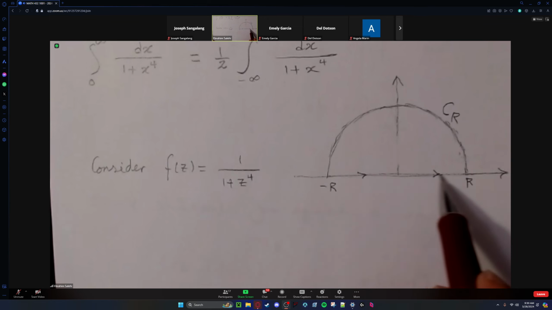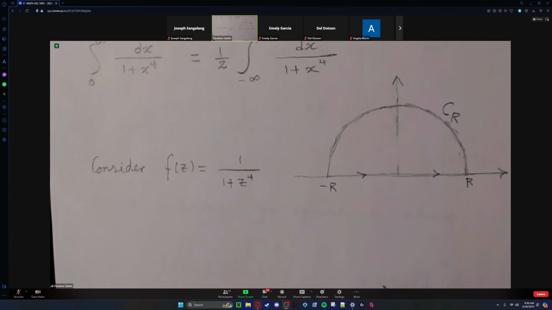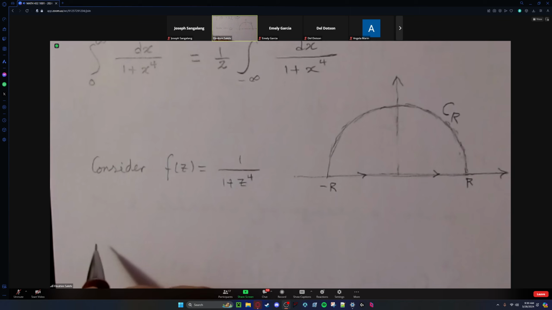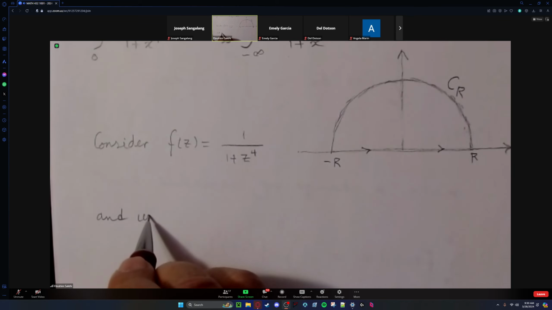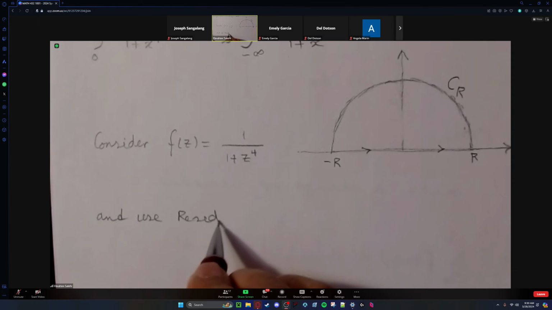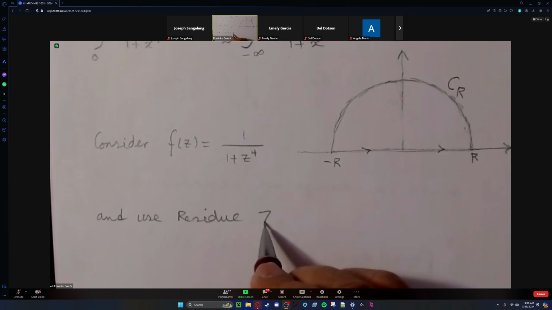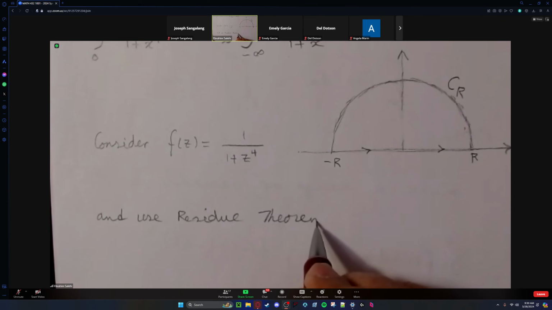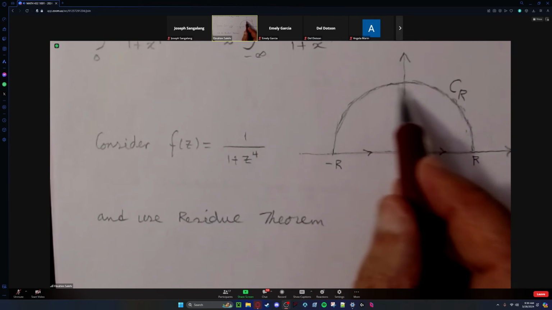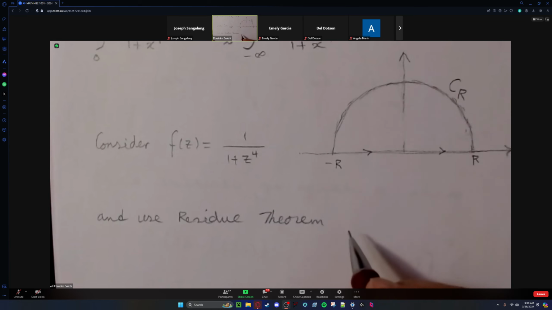And when you integrate over this closed curve, you're going to apply the residue theorem, all right? So consider this one and use the residue theorem to compute the integral over this closed curve.